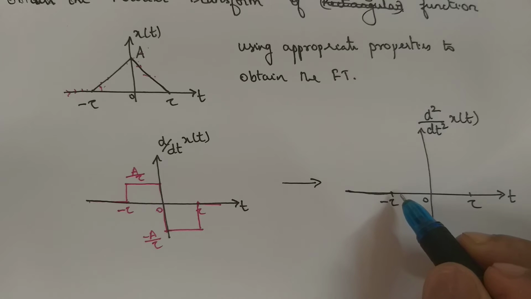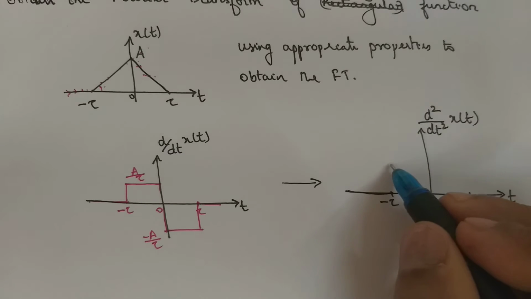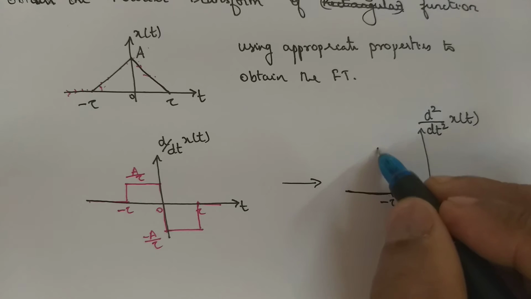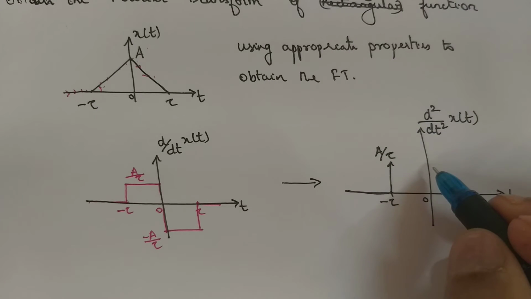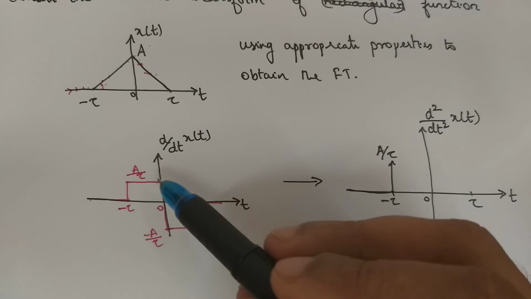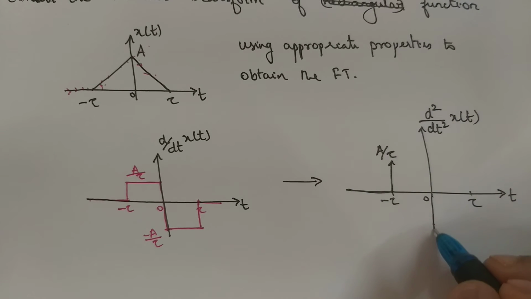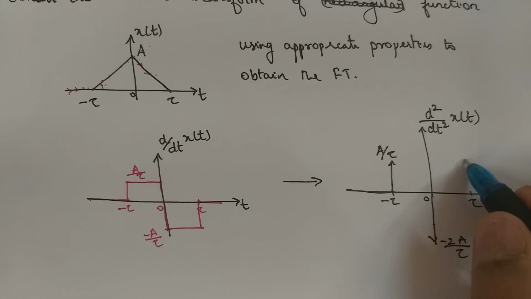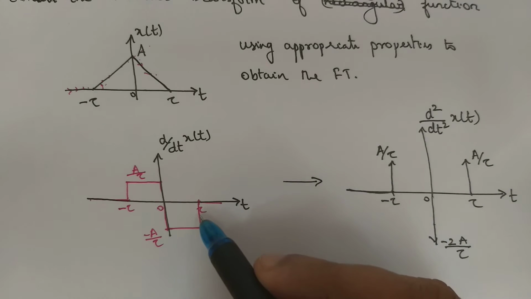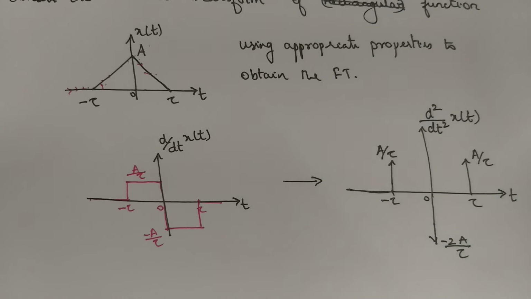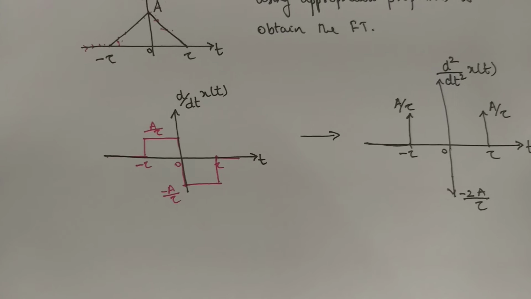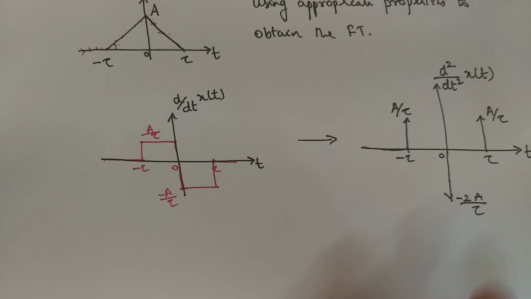Here the amplitude will be a by tau, which is shifting at this a by tau amplitude. So at 0 the amplitude shifts from plus a by tau to minus a by tau. So the total shift will be minus 2a divided by tau, and again this is a positive shift of a divided by tau, an increase in the positive direction. So now we have to represent this x of t in terms of impulse function.